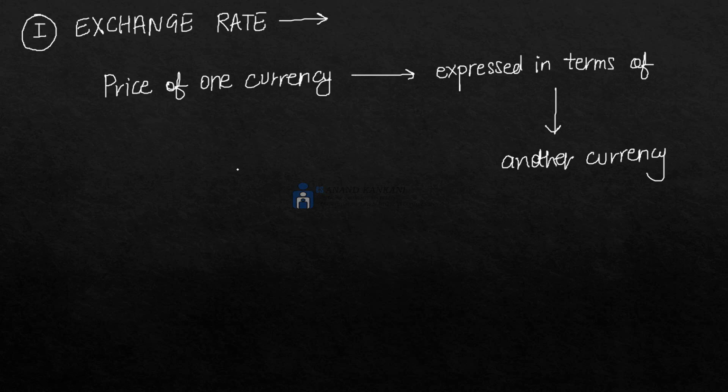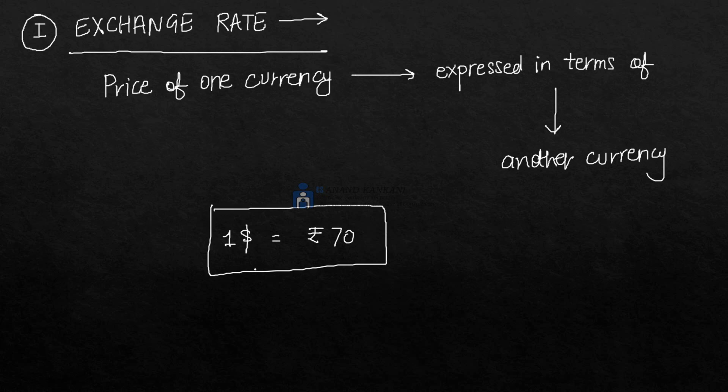Here there are two currencies involved, and whatever is the value of one currency with respect to another is called the exchange rate. For example, if I say $1 is equal to rupees 70, this is the exchange rate. It represents that by giving $1 you can get 70 rupees, or to buy $1 you need to pay 70 rupees.